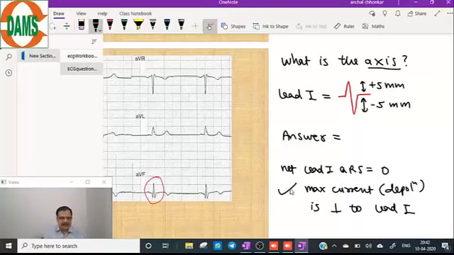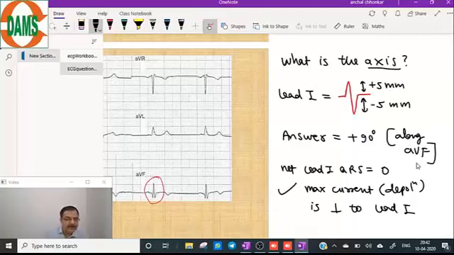So the maximum current is flowing perpendicular to lead one. Therefore, the axis is plus 90 degrees, that means along aVF. Yes, this is a normal axis.